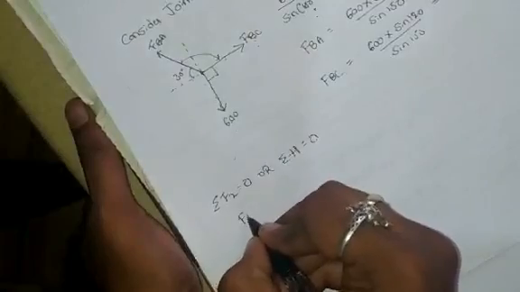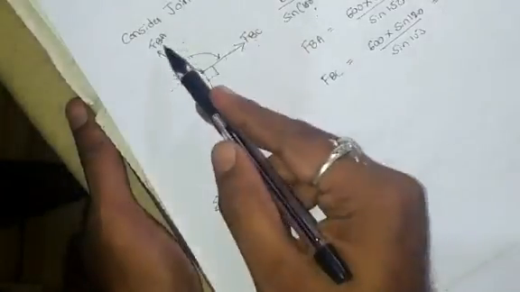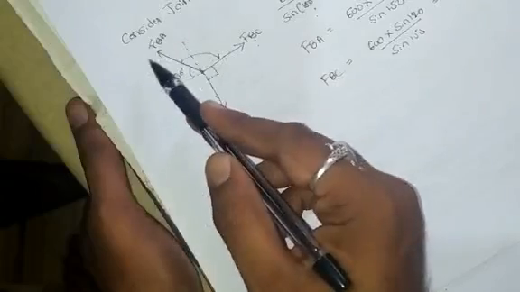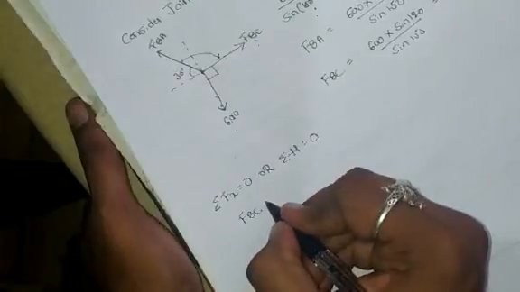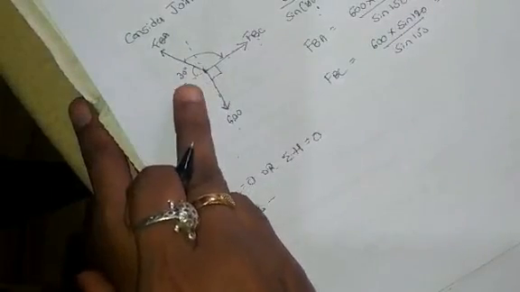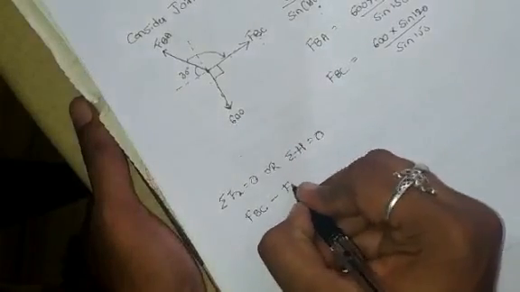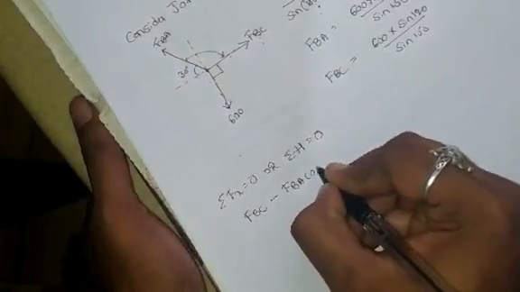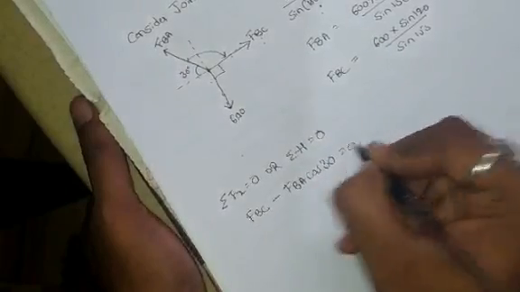So FBC, plus, now BA acts in the second quadrant, so its x component is negative, so first we put a negative sign. FBA is at 30 degrees with the horizontal, so with respect to the x-axis, x is cos, so it is FBA cos 30 equal to 0.